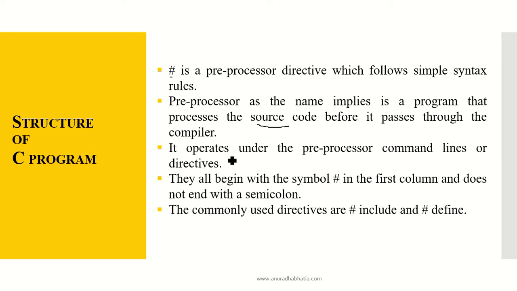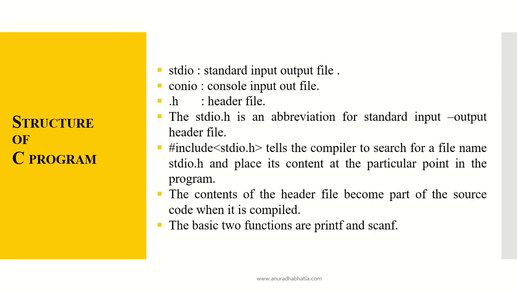It operates under the preprocessor command lines or directives. They all begin with the symbol hash in the first column and do not end with a semicolon. This is very important, as all C executable statements end with a semicolon. The commonly used directives are #include and #define. We will see how they're used as we see the various examples.